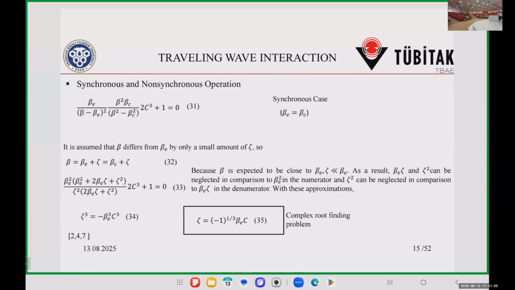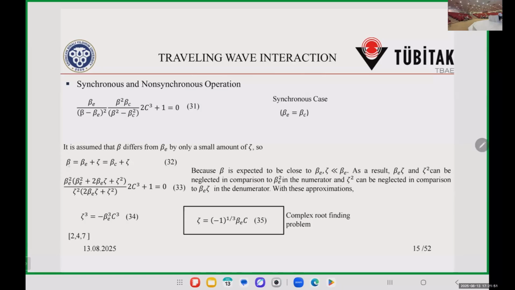The synchronized case means that beta E equals beta C. Beta E is the propagation constant of the electron, and beta C is the propagation constant of the slow wave circuit. If we assume that beta differs from beta E by only a small amount zeta, we can write beta equals beta E plus zeta, or beta C plus zeta.